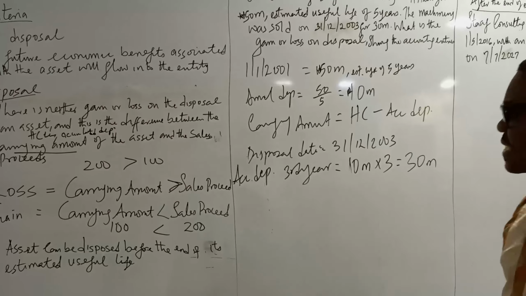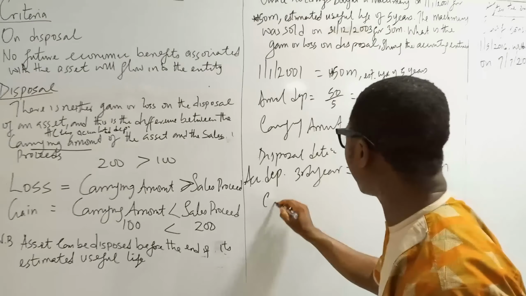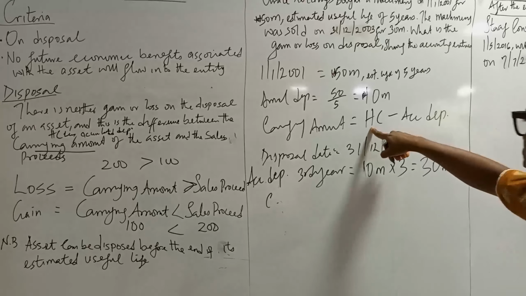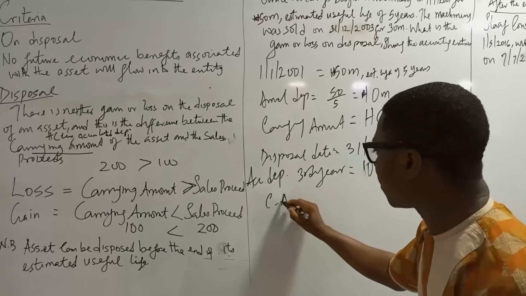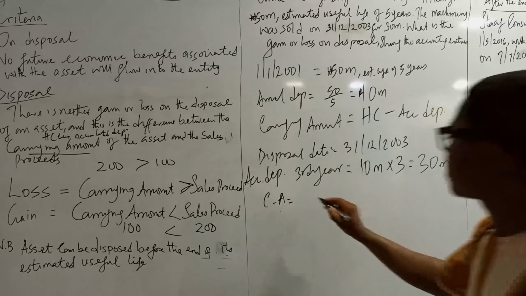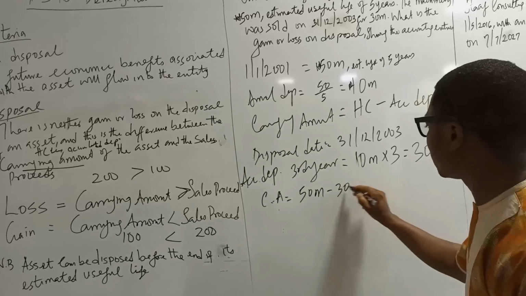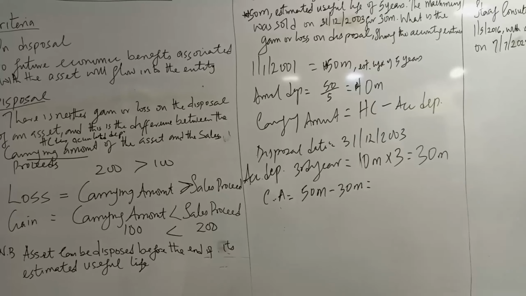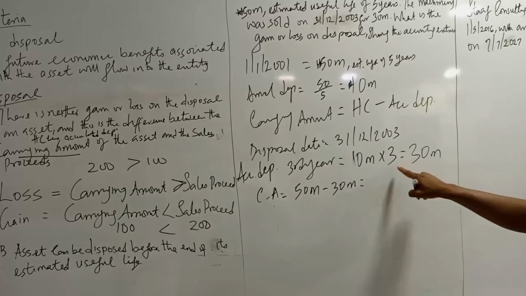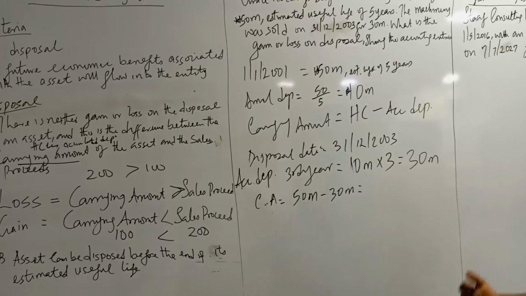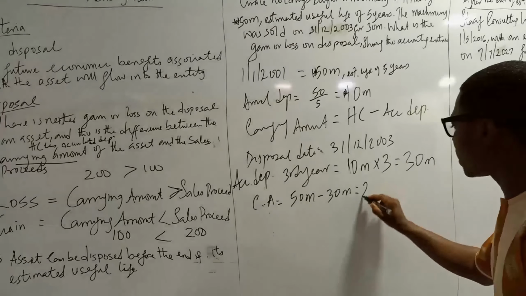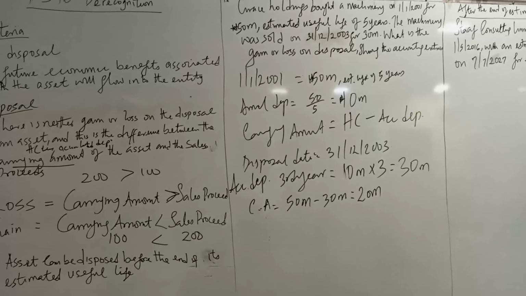Carrying amount is historical cost minus accumulated depreciation. Our historical cost is 50 million naira, and our accumulated depreciation is 30 million. That means our carrying amount as at the day of disposal is 20 million naira.